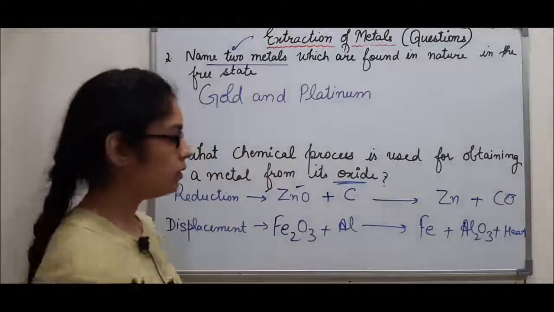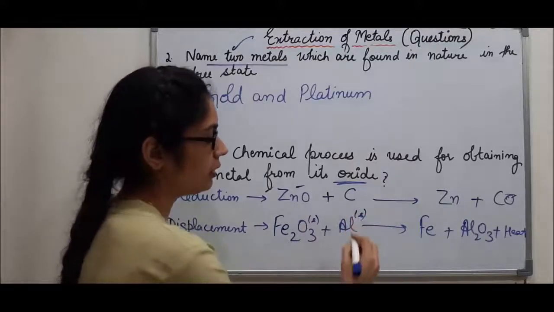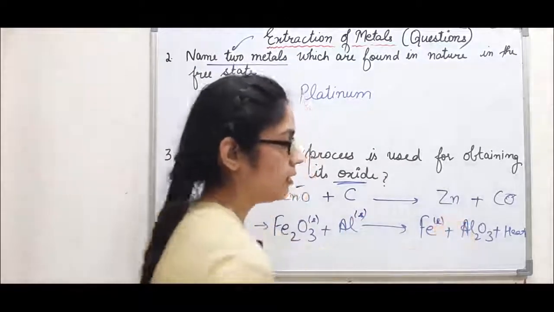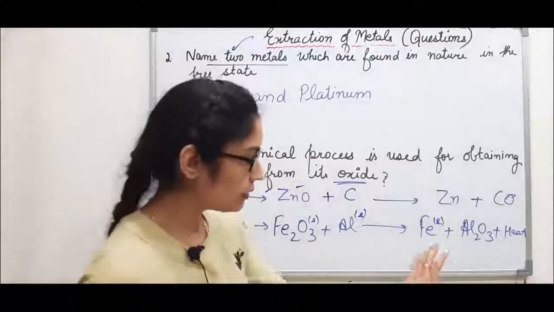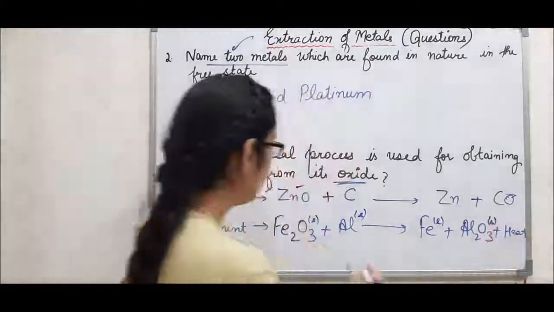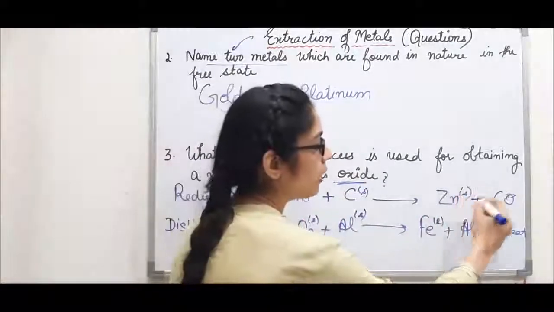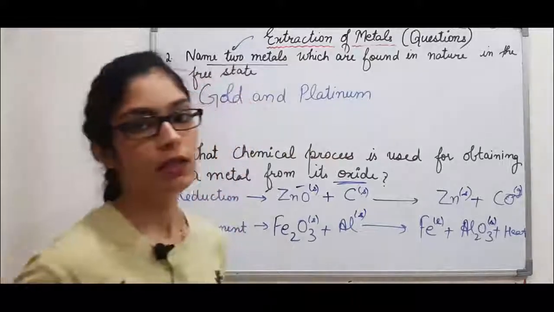You can mention the states also. Here I will mention them: this is solid, this is solid, this is liquid. Being a highly exothermic reaction, we get the metal in molten state. This is again solid. Along with the states, you have to balance the chemical equations also.